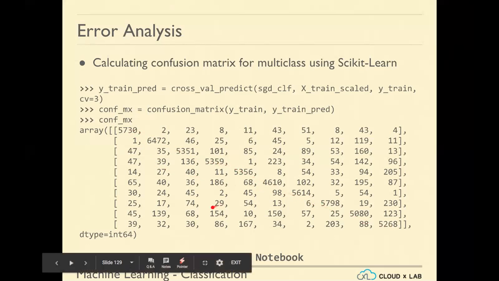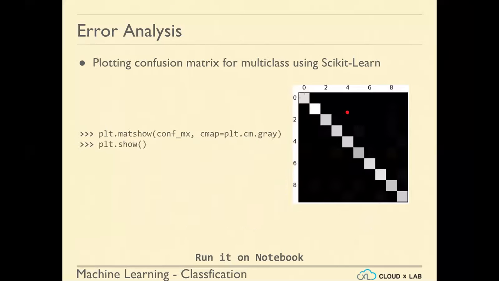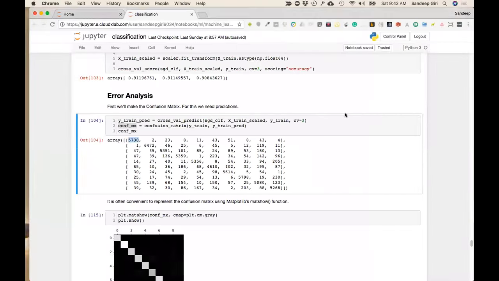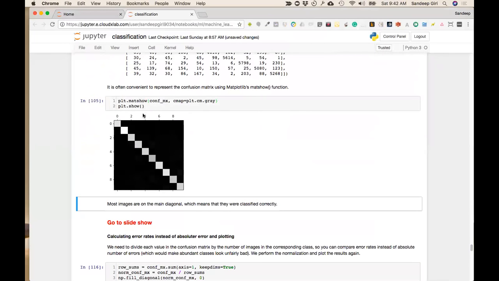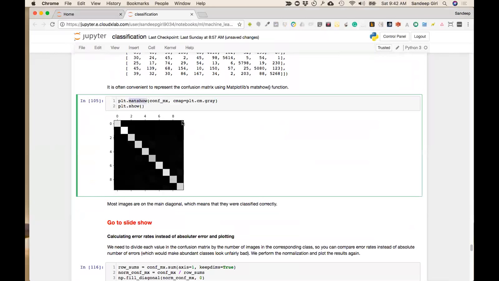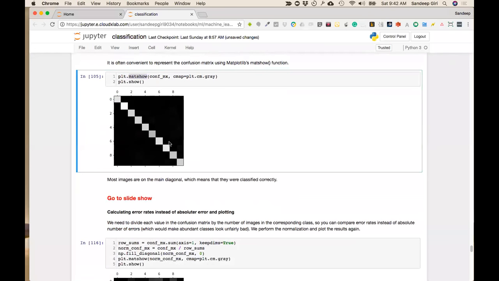Although there are some numbers off the diagonal which are in the higher range, it is generally better to visualize it on a graph.